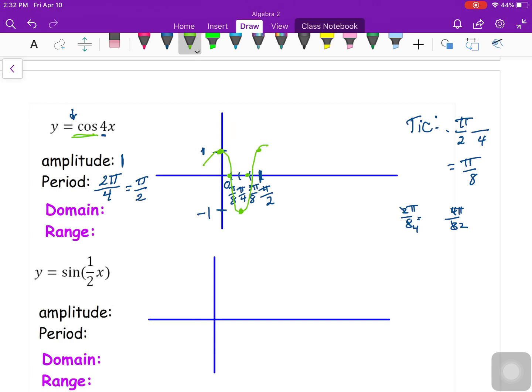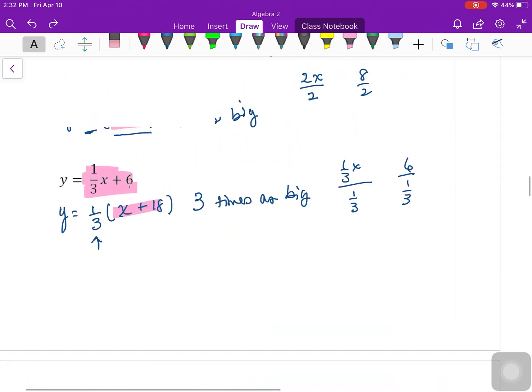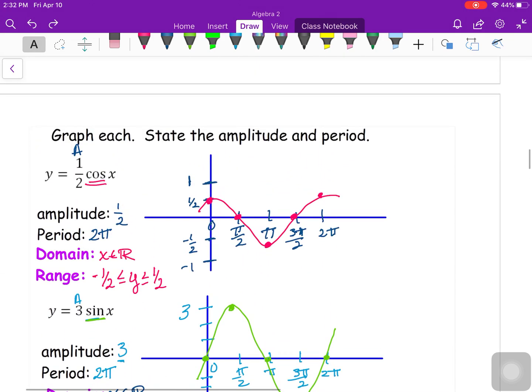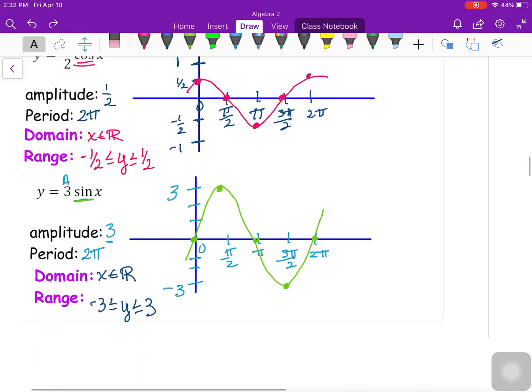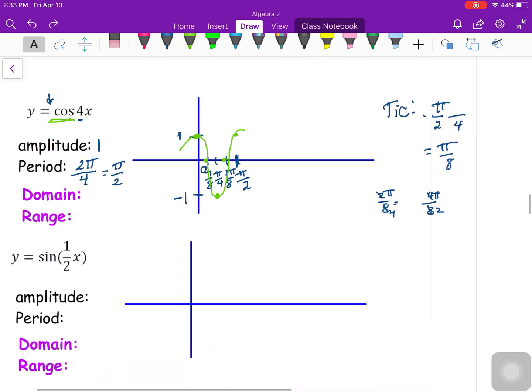And I'm going to curve through those. Do you see that I was only 1/4 as wide on this one compared to this one? Your domain is still x is all reals. Your range is from -1 to 1.